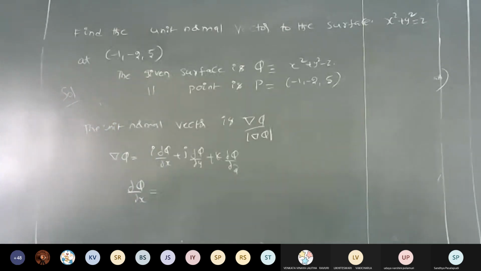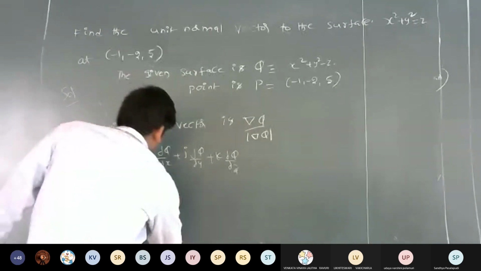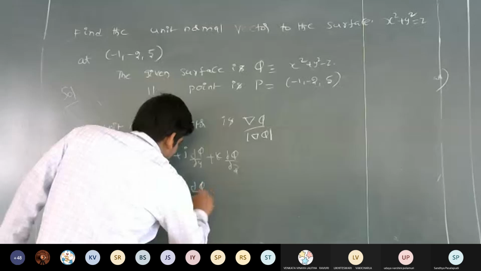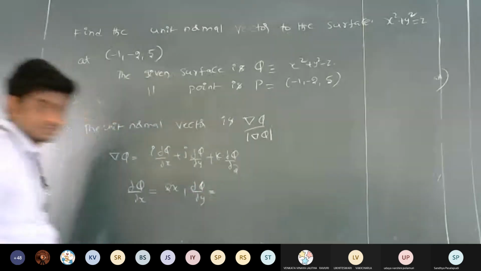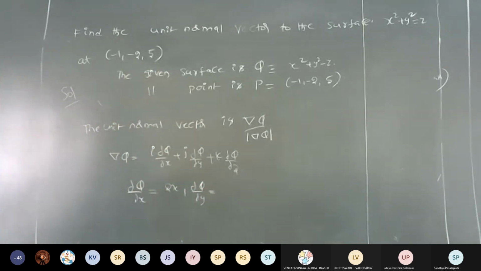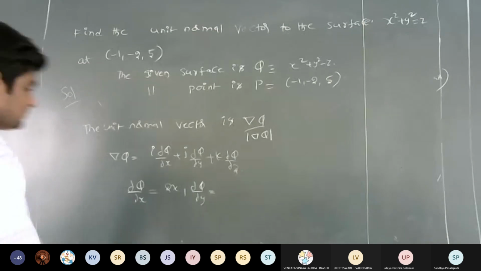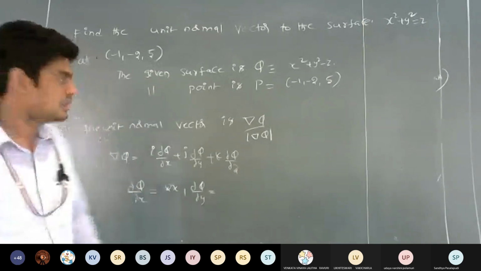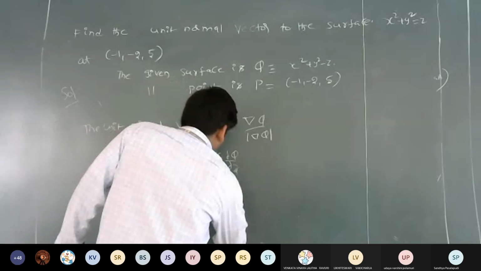2x. So it is 2x. What is the value of dou phi by dou y? 2y.